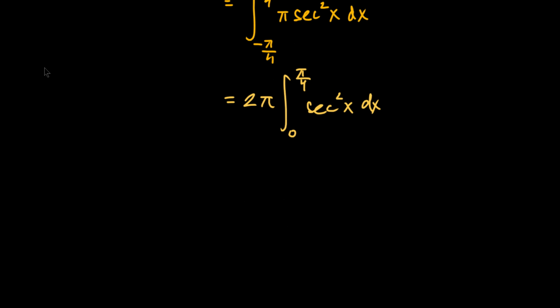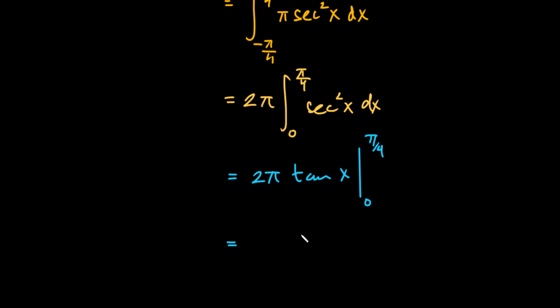You may recall that the antiderivative of secant squared of x is the tangent of x. So this evaluates to 2 pi times the tan of x, and we want to evaluate that at the boundaries 0 and pi over 4.